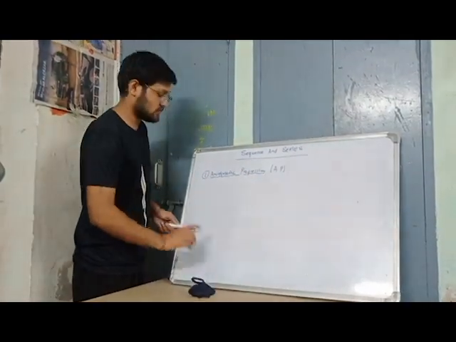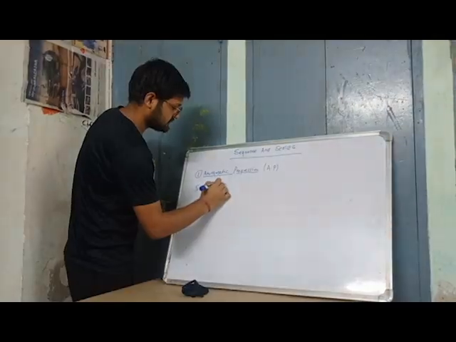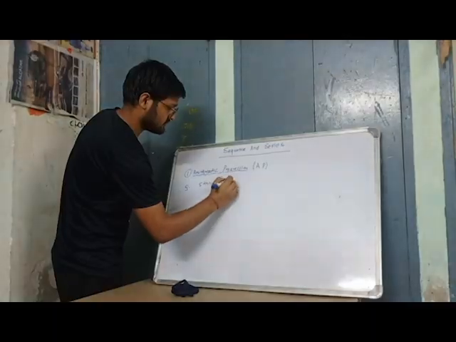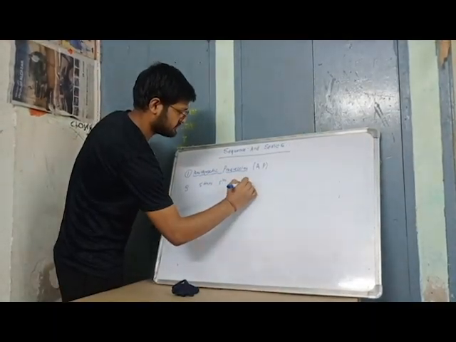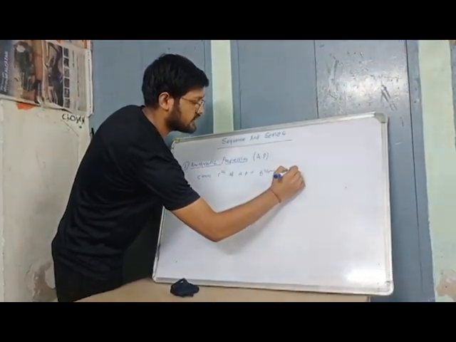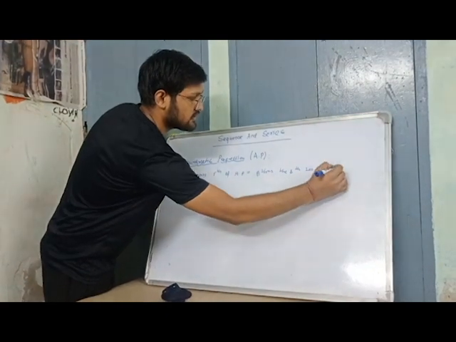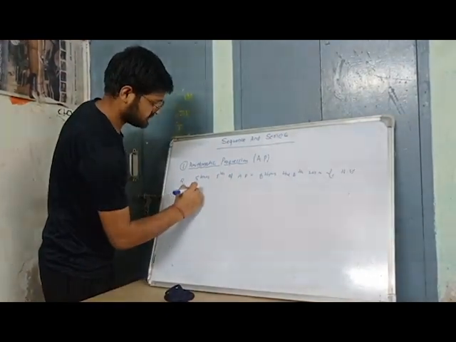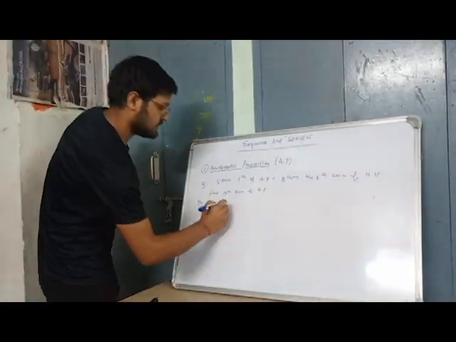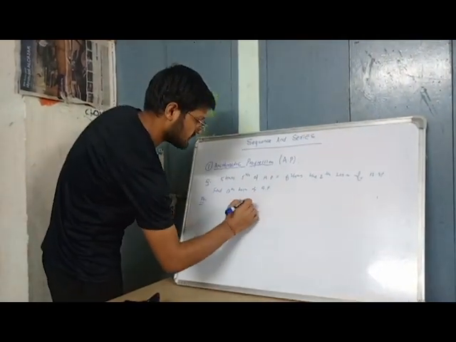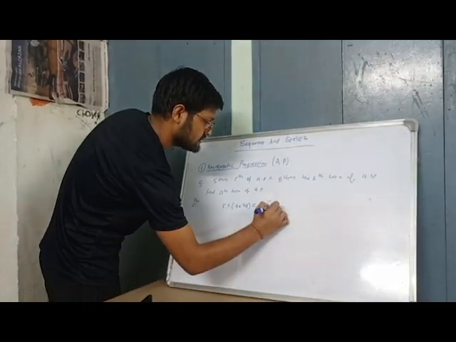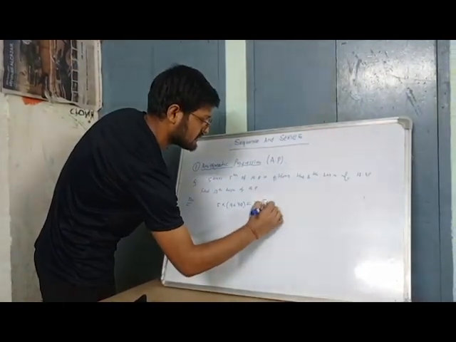The question may ask: if five times the fifth term of an AP is equal to eight times the eighth term of the AP, find the 13th term. Then we can write five times the fifth term, which will be 5 times (a plus 4d), and eight times the eighth term, which will be 8 times (a plus 7d).